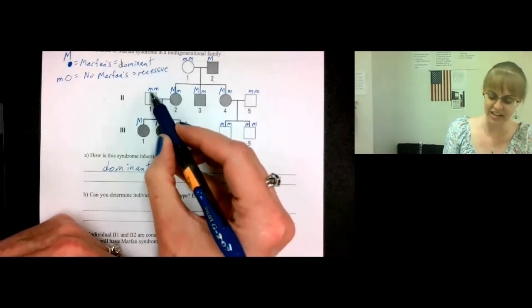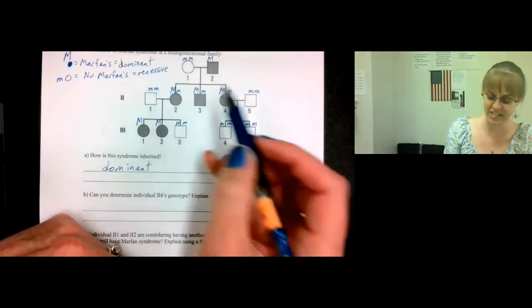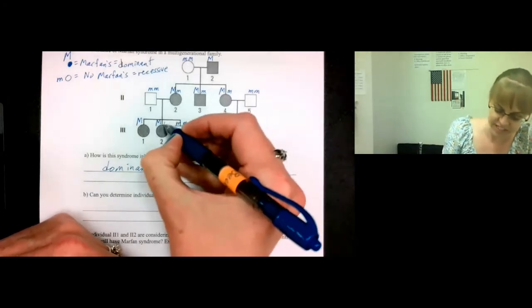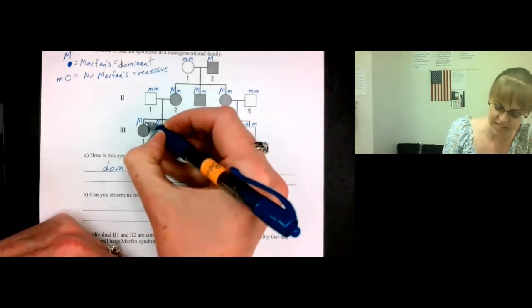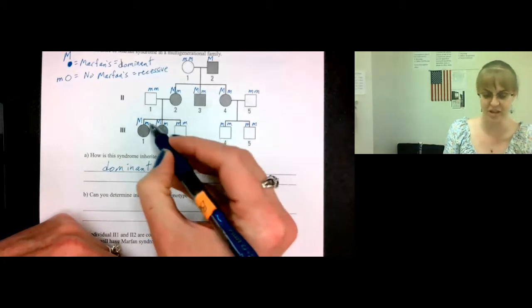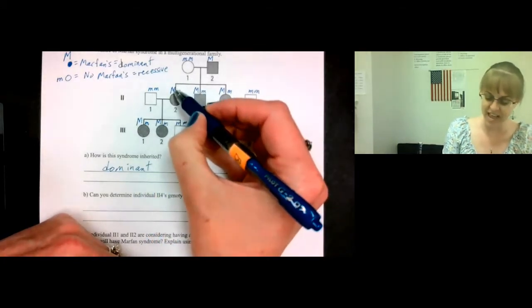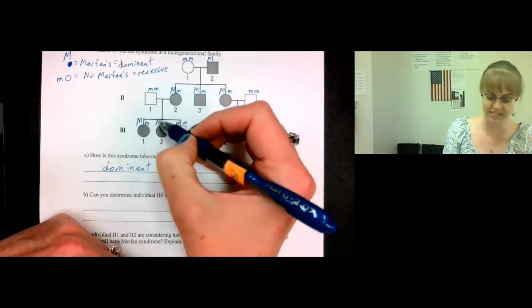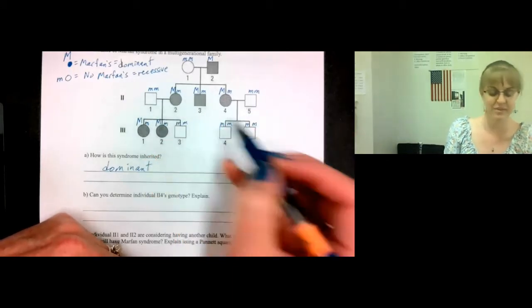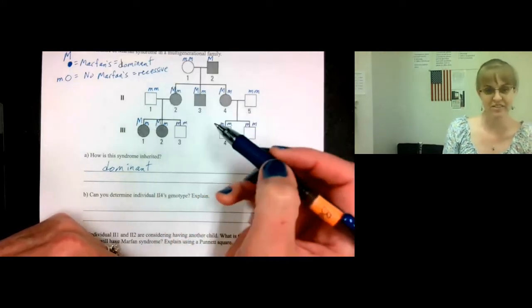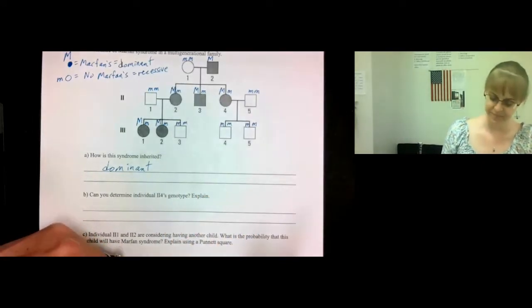This dad definitely passes on a lowercase m to every kid. So this child and this child must also have a lowercase m. The mom passed on a capital M to these 2 kids and a lowercase m to this kid. So we know we did it right.